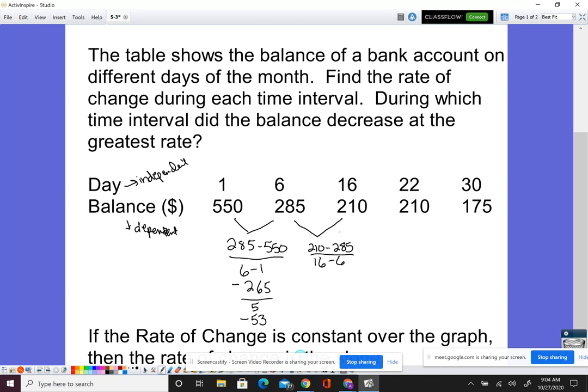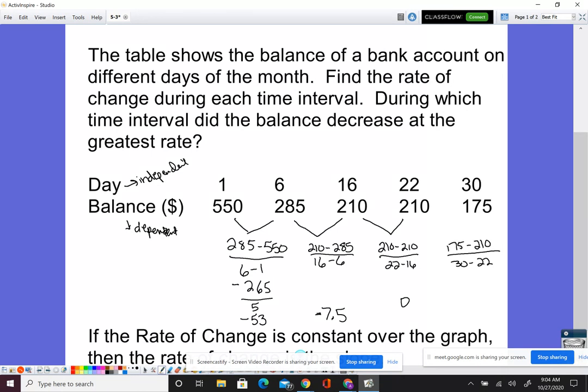So 210 minus 285 is a negative 75. 16 minus 6 is 10, so negative 75 divided by 10 is a negative 7.5. 210 minus 210 over 22 minus 16, that's going to be 0 because the numerator is 0. And then 175 minus 210 over 30 minus 22.